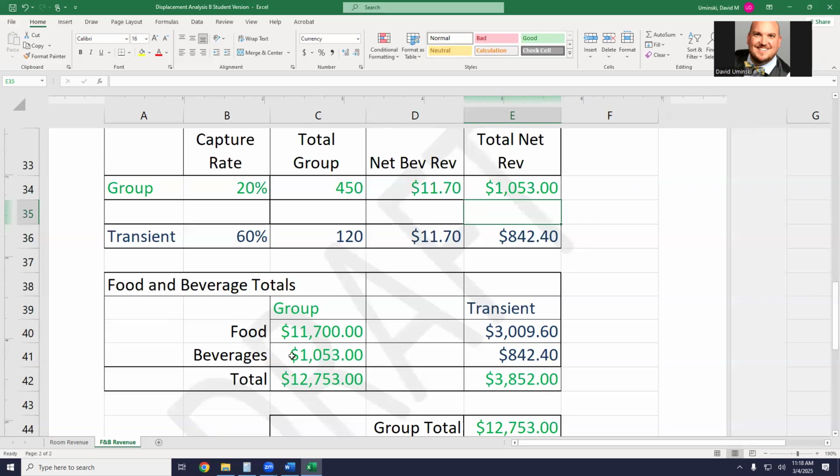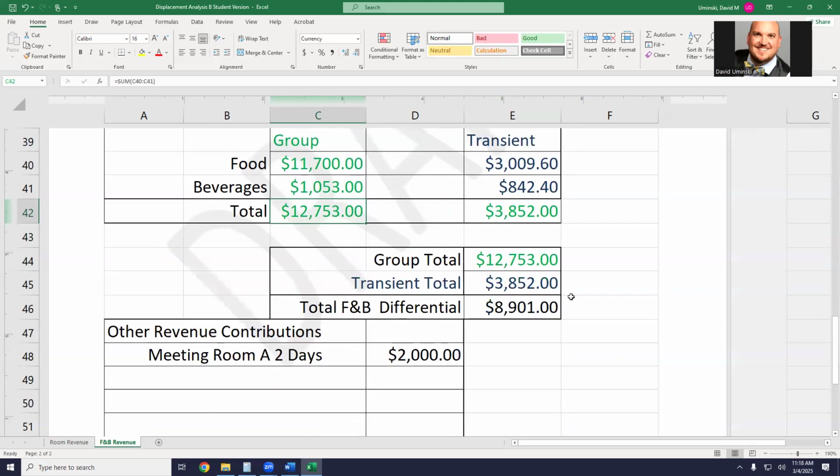Our beverages, 1,053. Our transient, 842.40. So we add those two numbers together to get our total food and beverage spend for each scenario. And then to get our differential, we subtract the group minus the transient. Group minus the transient is our differential. Questions, comments, concerns?